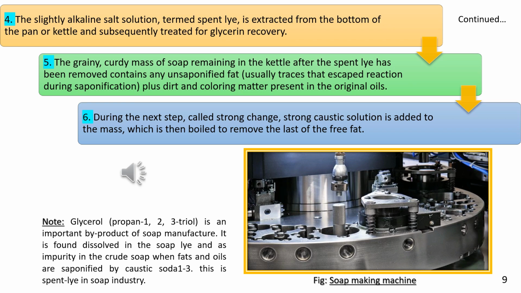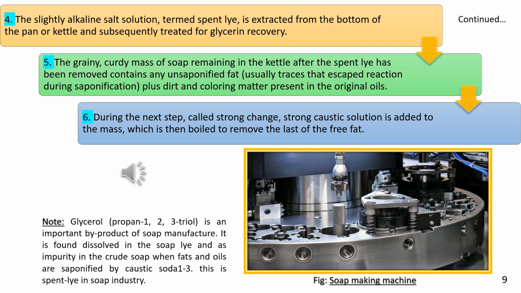Number 6. During the next step, called the strong change, strong caustic solution is added to the mass, which is then boiled to remove the last of the free fat. In the next step, which is also called the strong change, how are we calling it a strong change process?